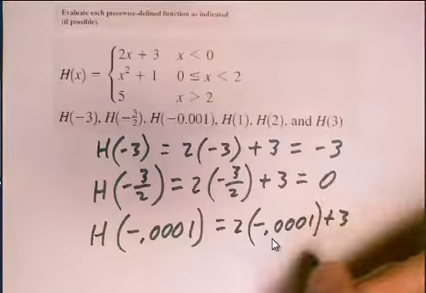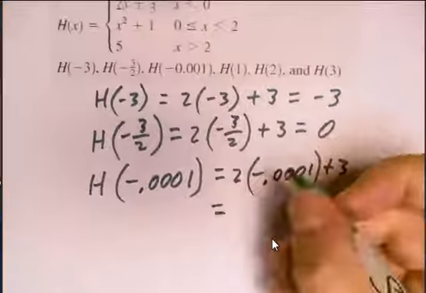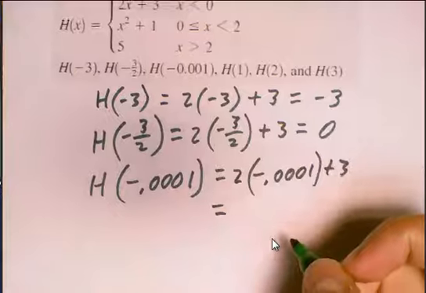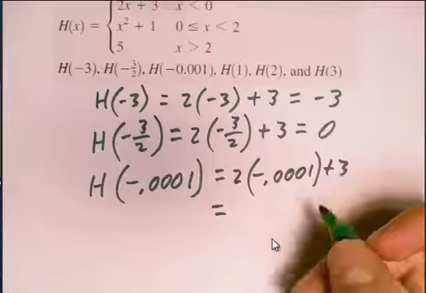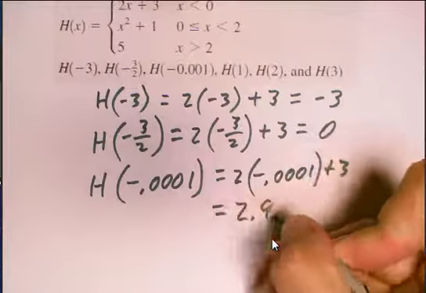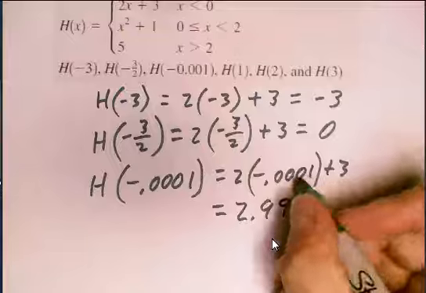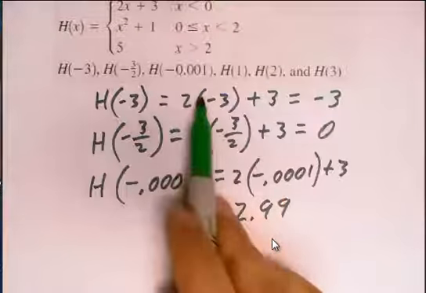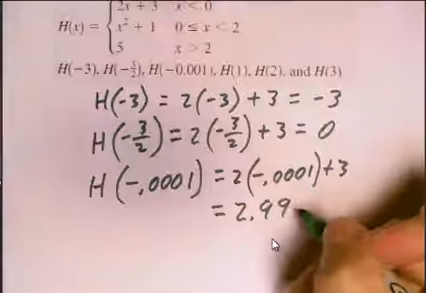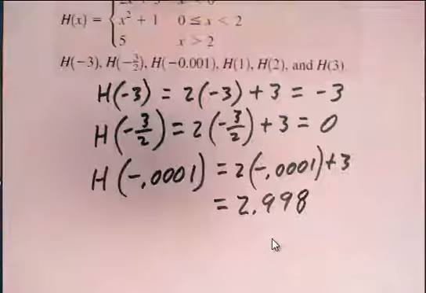I think if my calculations are right, that's going to give us 2.999. I think I added an extra 0. Oops. Yeah, one more 0. 2.9998. Yeah, somewhere around there. Okay, you get the idea.